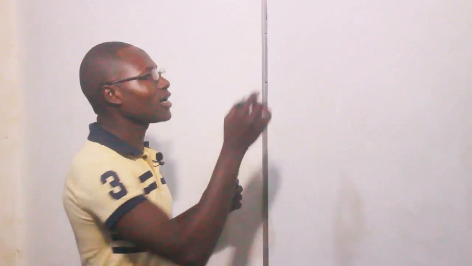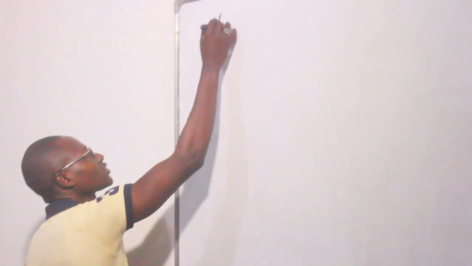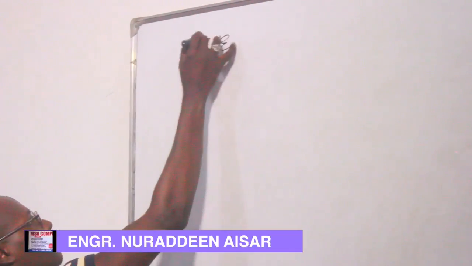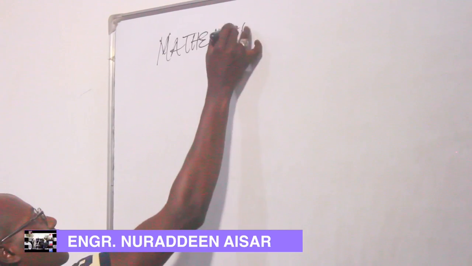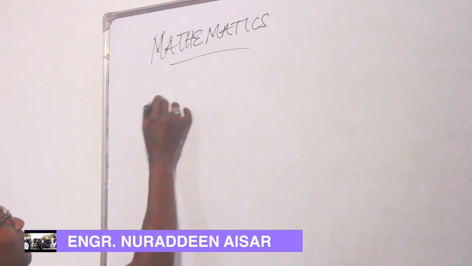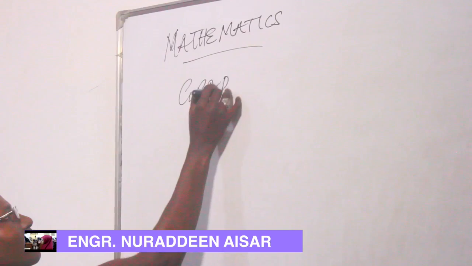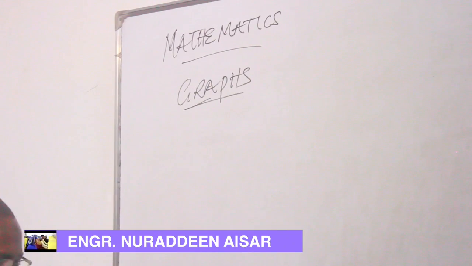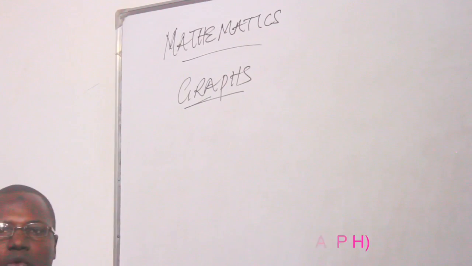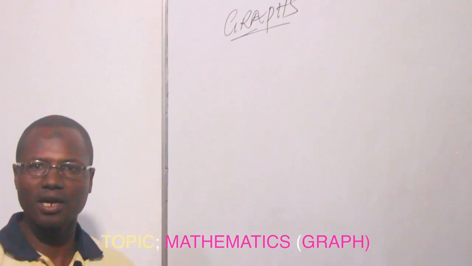Today our subject is mathematics, and we are going to treat the topic graphs. In mathematics, we have different types of graphs, ranging from quadratic, linear, exponential, and trigonometric graphs.